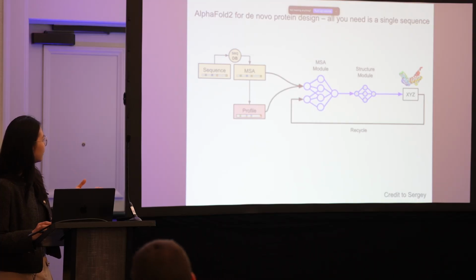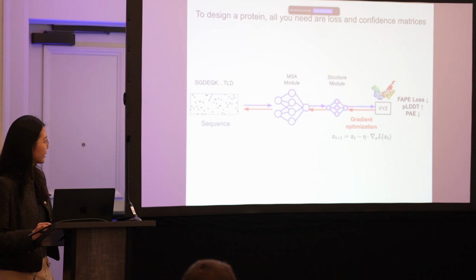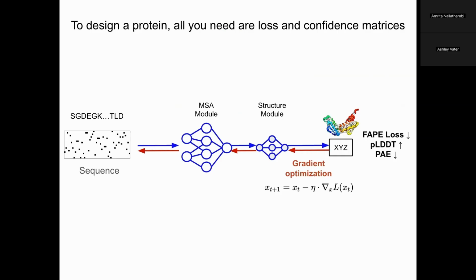So all you need for de novo protein design is just single sequence information. And to design the protein, you need something to optimize. For example, if you input a really random, bad sequence, the model will not be confident in this sequence.